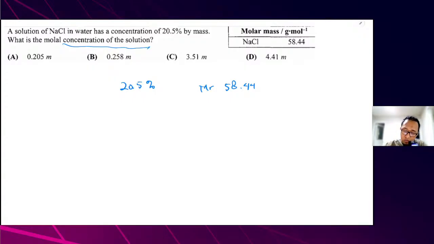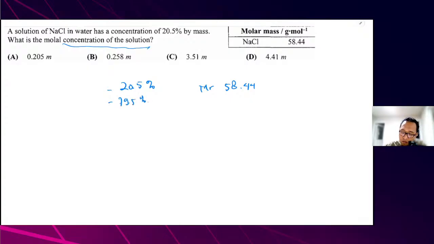The total concentration is 100, minus 20.5, so the rest of the solution is 79.5%.